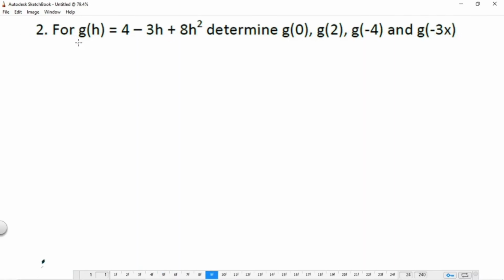This is our problem number 2. For g of h is equal to 4 minus 3h plus 8h raised to 2, determine the following: g of 0, 2, negative 4, and negative 3x.